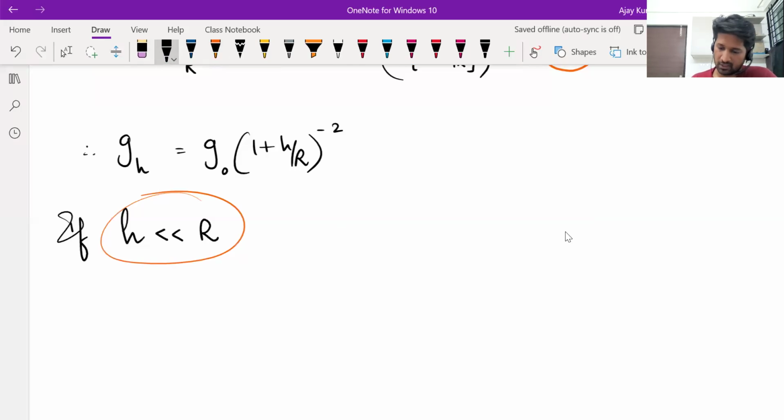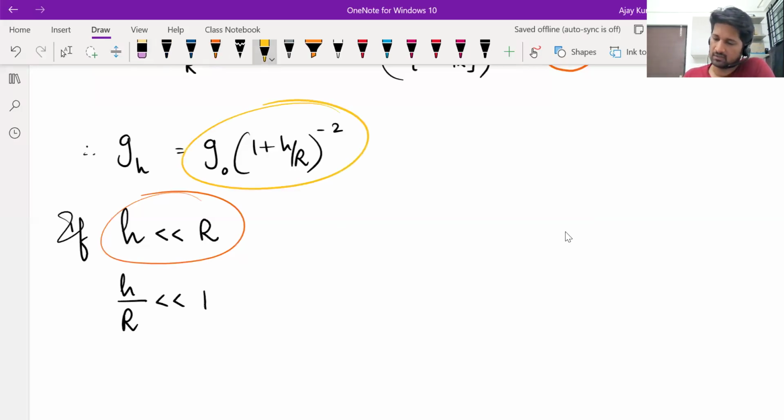Now, if H is very small compared to R, H by R will be very small compared to 1. You look at this expression. You have g naught into (1 plus H by R) whole power minus 2. Call H by R as X. Okay, we have used the term X already as the distance from the center.